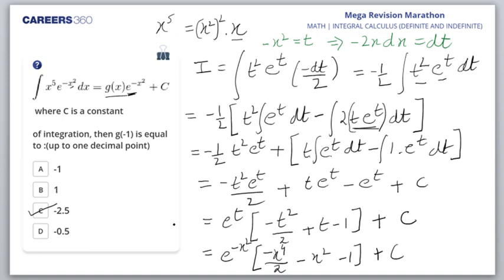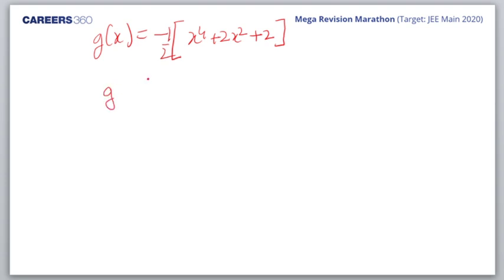So I take the next slide. So g(x) is actually minus, I can take common, minus half in fact, so I get x raised to power 4 plus 2x square plus 2. Now I have to find g of minus 1.